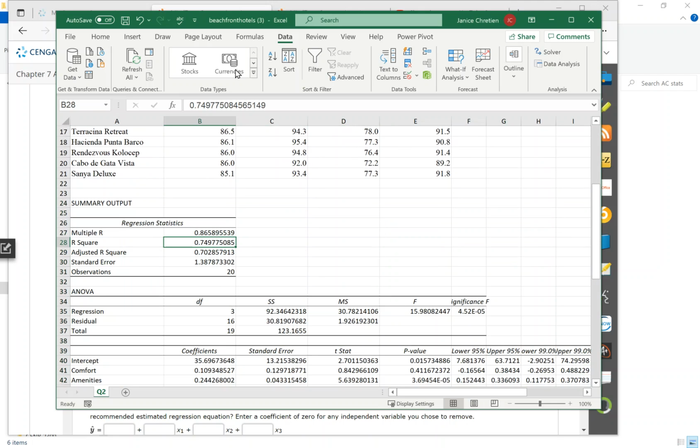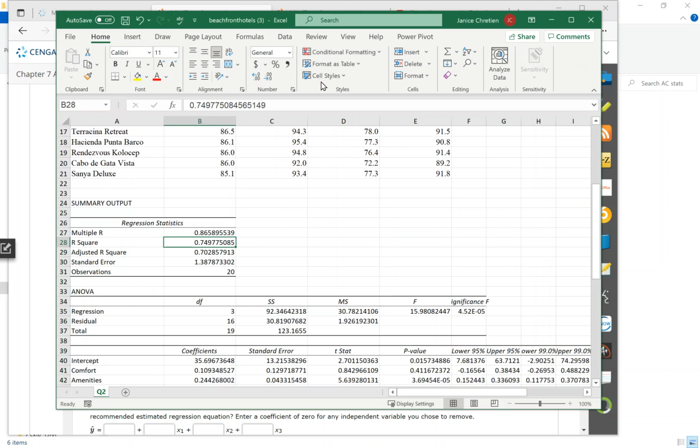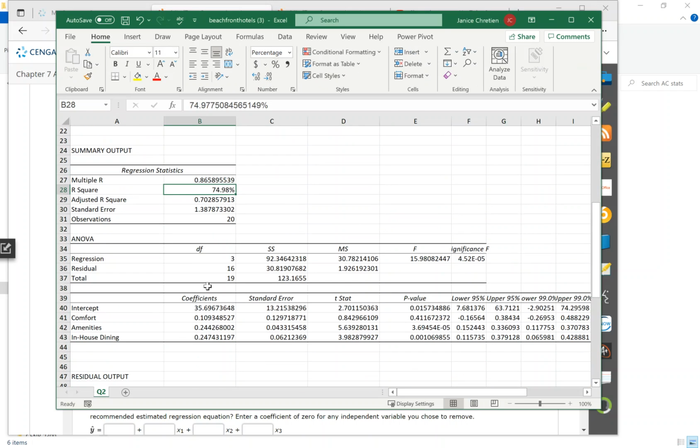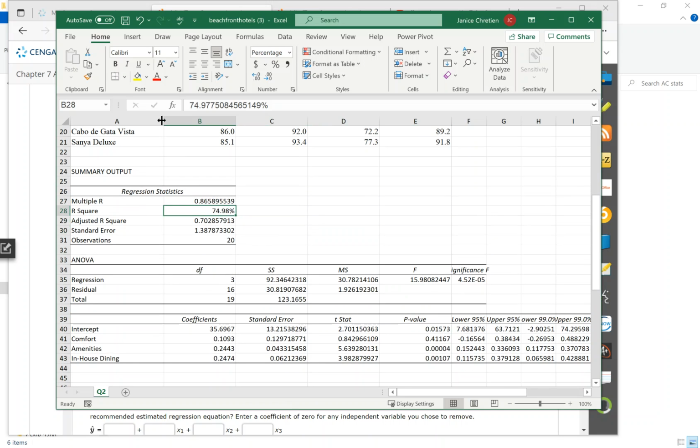I know my multiple R square is going to be reported as a percent with 2, and I know that my coefficients are probably only going to have 4, and my p-value as well. So we'll do all that to get going. Remember, this is my variation.